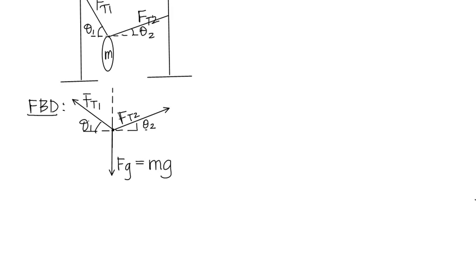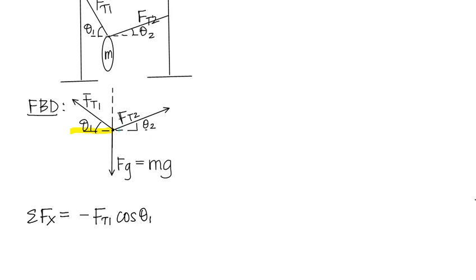So the x component, if I sum the forces in the x direction, the x component of this force, which would be in this direction, is adjacent to that angle. And it's pointing to the left, so it would be negative Ft1 times the cosine of theta 1.